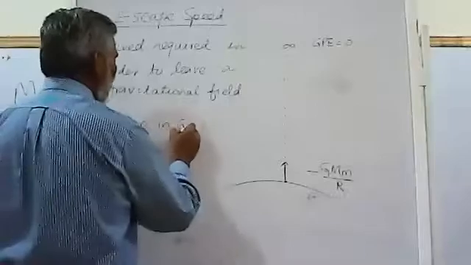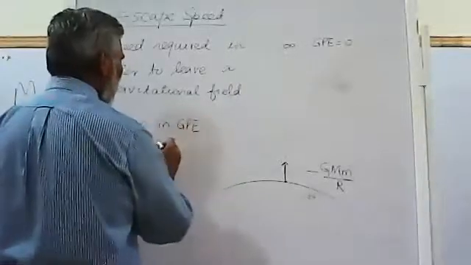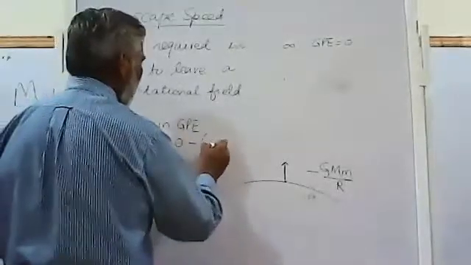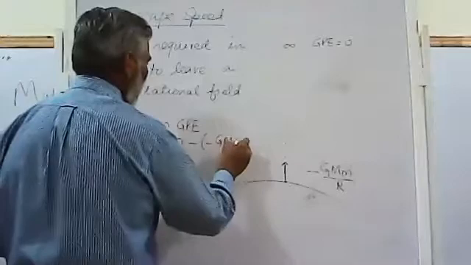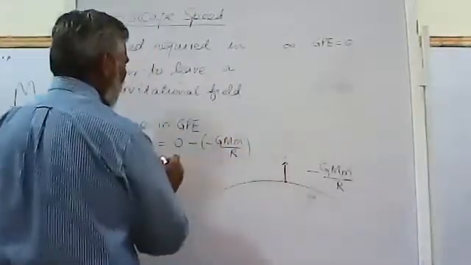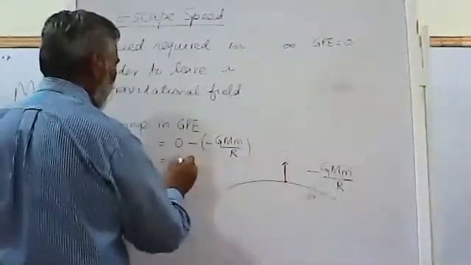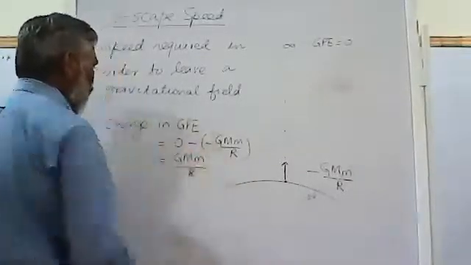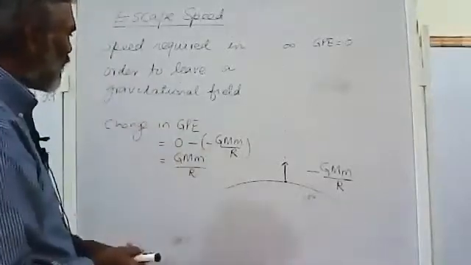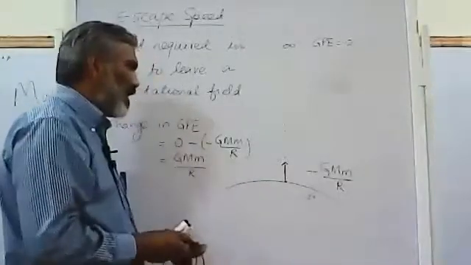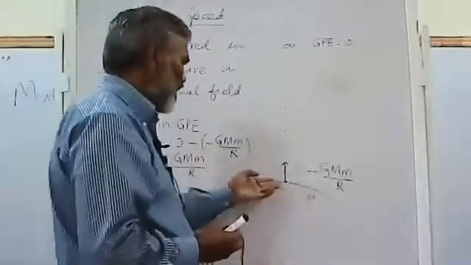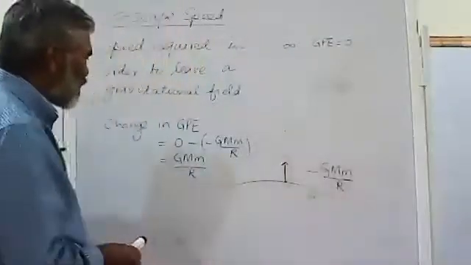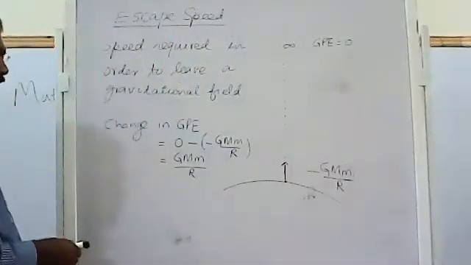Change in gravitational potential energy is equal to 0 minus (minus GMm over R). If I simplify it, this minus sign will change to a positive number, GMm over R. So the change in gravitational potential energy is GMm over R. If this is the increase in gravitational potential energy, that must correspond to a decrease in kinetic energy.